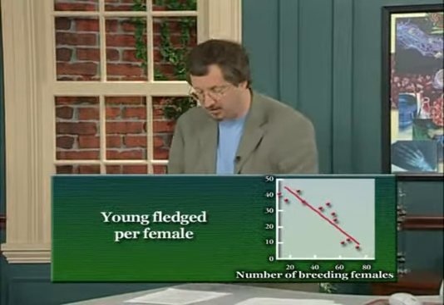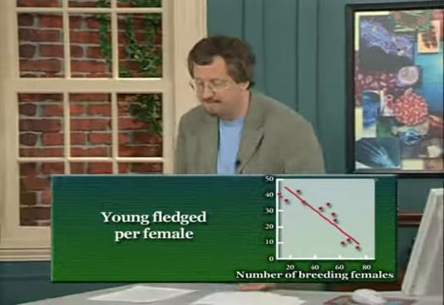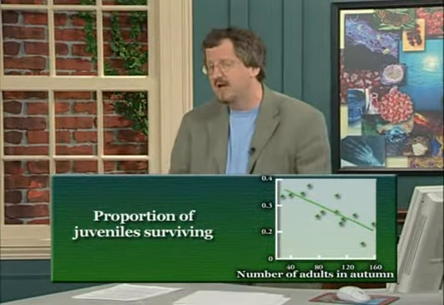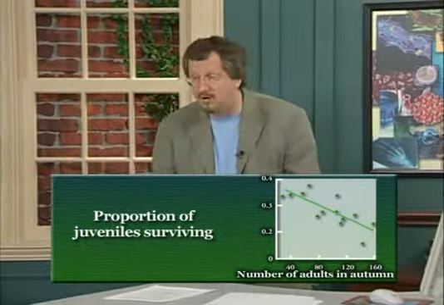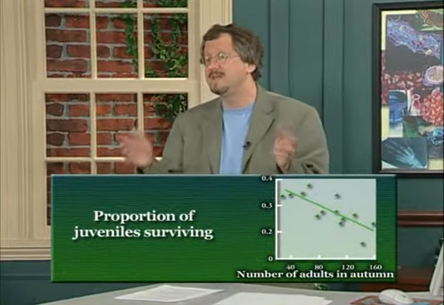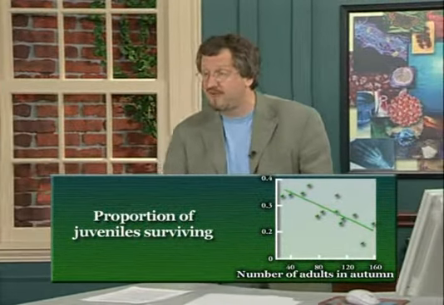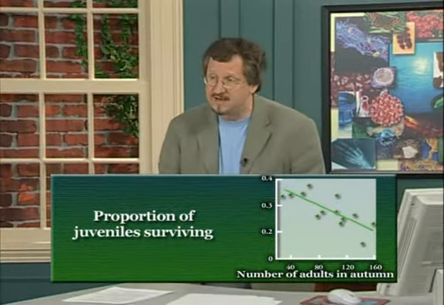Finally, Smith and Arcese have been able to show that the probability that a young bird, a bird born in one year, will survive over winter to the next season also varies with population size. As population size overall increases, the probability that the young birds will be able to survive their first winter decreases.